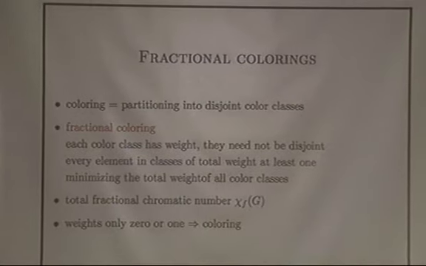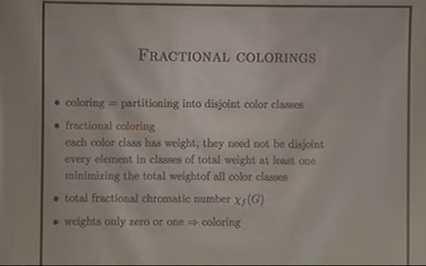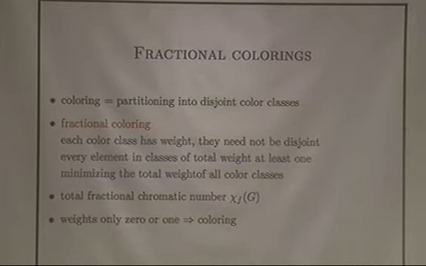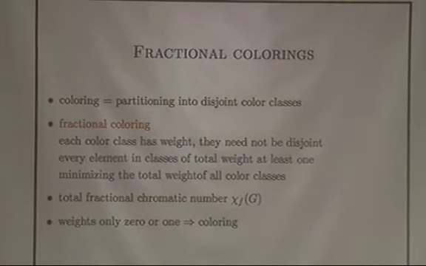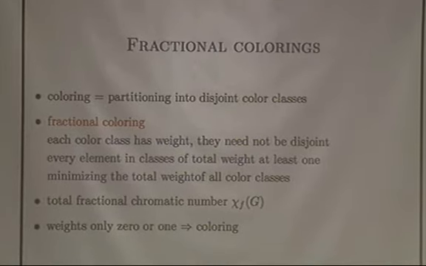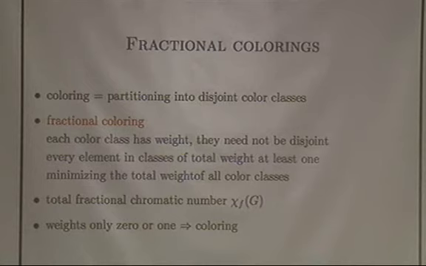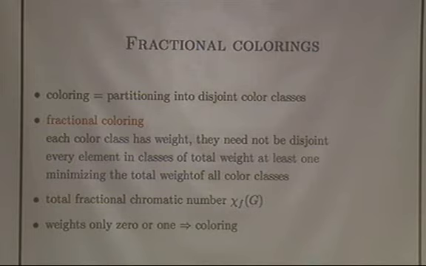So the usual coloring, we can understand it as a partitioning of vertices into disjoint sets, which we call color classes. In a fractional coloring, we don't want the color classes to be necessarily disjoint, and rather we want to assign them some weight that tells us how well this color class covers the elements contained in it.